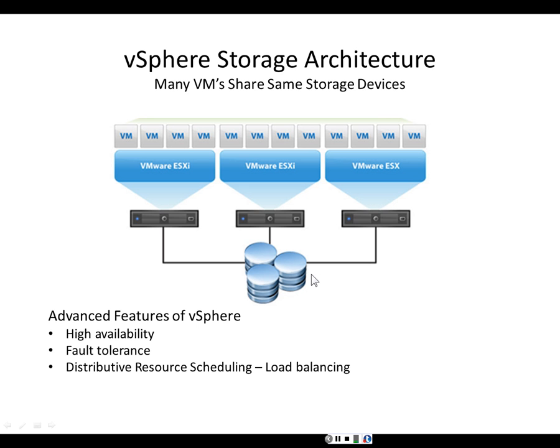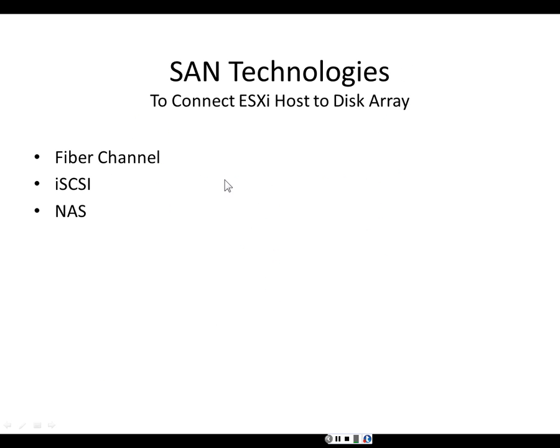The reason that we want shared storage is because it allows us to implement advanced features of vSphere, particularly high availability, fault tolerance, and DRS, distributed resource scheduling, which is a form of load balancing. Storage area network technologies are technologies that connect the ESXi host to the disk array. Among those technologies are fiber channel, iSCSI, and network attached storage.